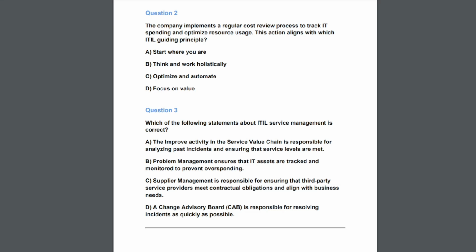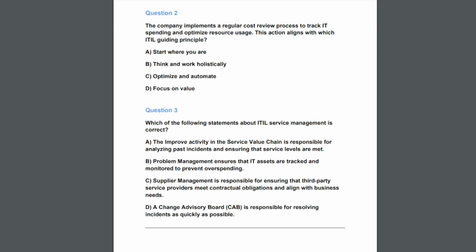Is it C, supplier management is responsible for ensuring that third-party service providers meet contractual obligations and align with business needs? Or is it D, the Change Advisory Board is responsible for resolving incidents as quickly as possible? Now, if you need more time to review these questions, you should pause the video here.